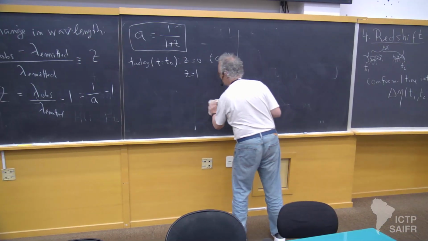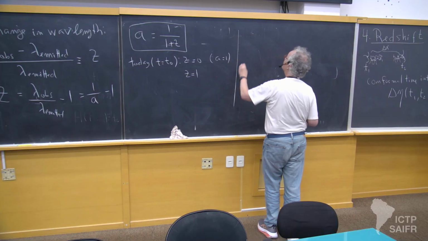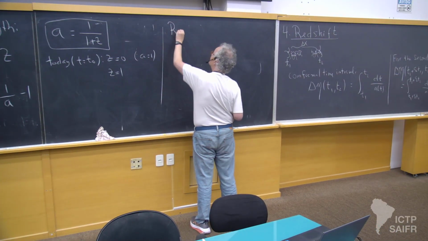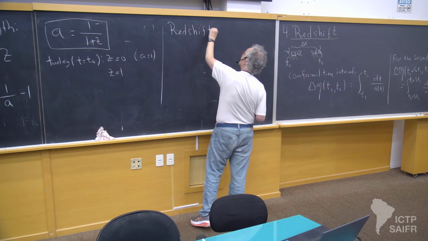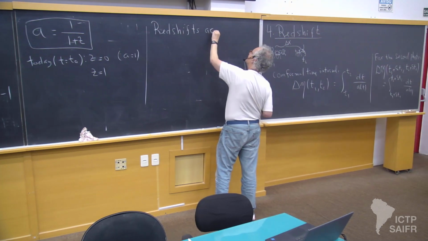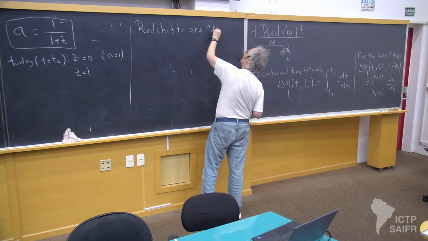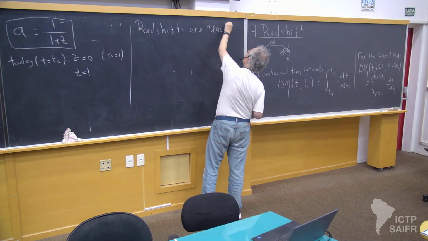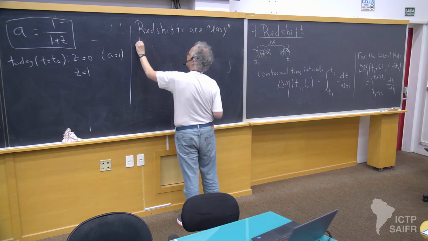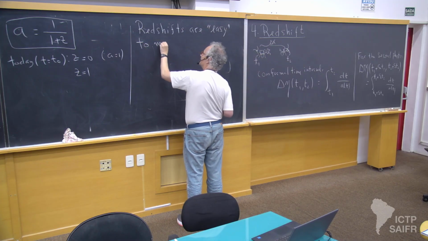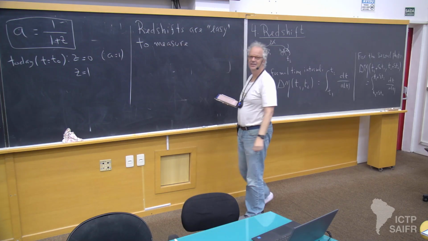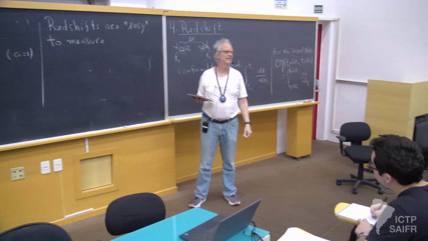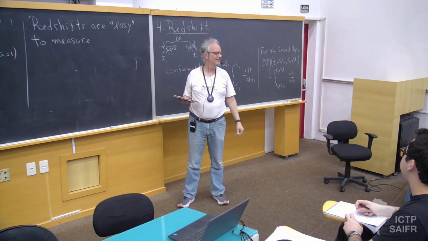Now, let's go to measurements. So redshifts are easy to measure. And I put easy in quotation marks because nothing is easy. How do you measure redshifts? Or blue shifts?